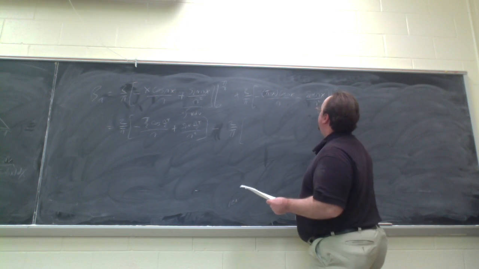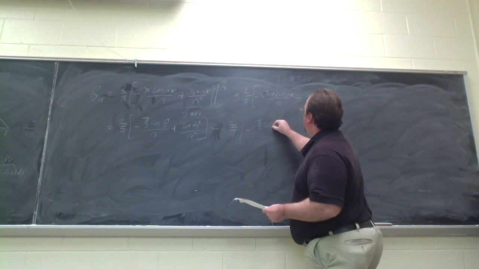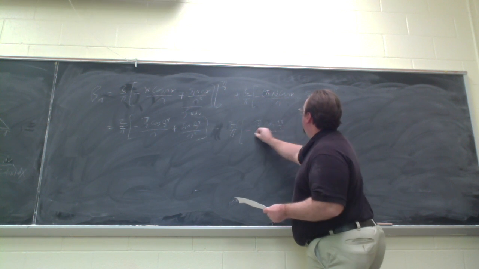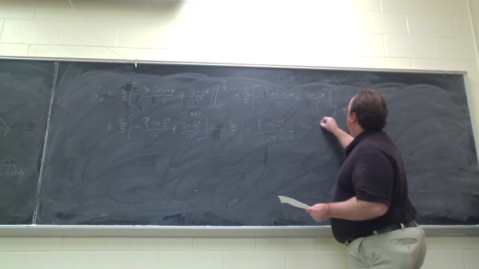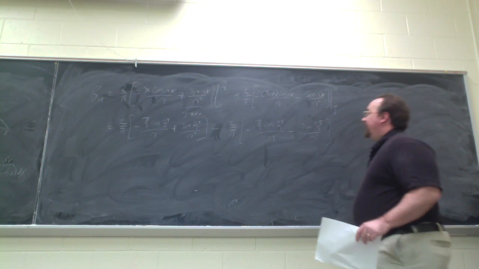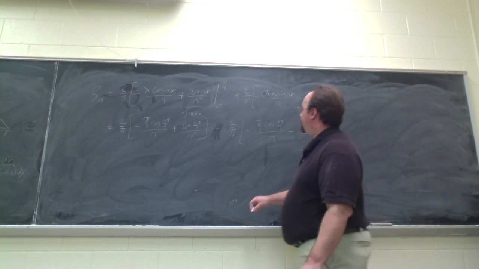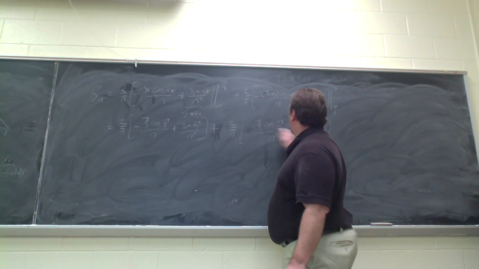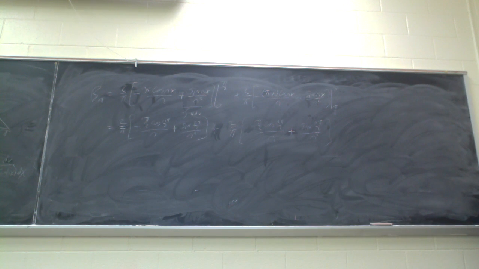So I go ahead and plug in pi over 2, and I get minus pi over 2 cosine n pi over 2 over n minus sine n pi over 2 over n squared. Okay. And then I have all these minuses all over the place. So I'll just cancel them all out and give myself pluses.